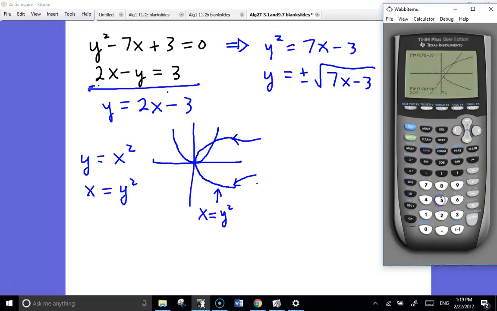5 for intersect. Now notice, before you go any farther, that it says first curve, and in the top left corner it's got the positive square root, which is y1, so that's why it picks that out. At this point, it doesn't have a y value. It has an x value, but nothing's going to work until you get a y value.